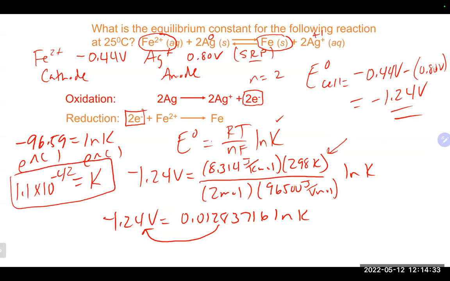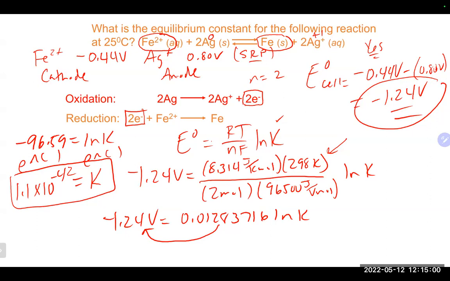Any questions on any of that calculation there? Do these two numbers agree with each other? The answer is yes, they do, because that is a negative E, which means this reaction is non-spontaneous. That means it should be hanging out on the reactant side.